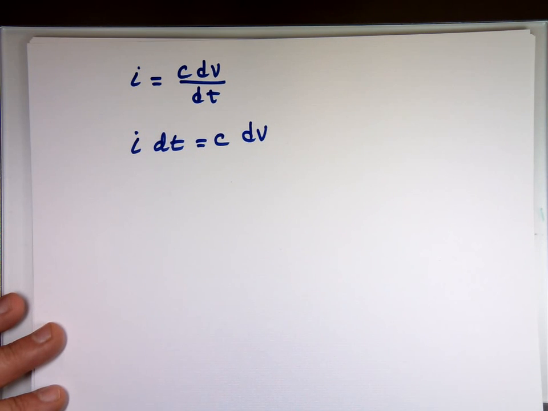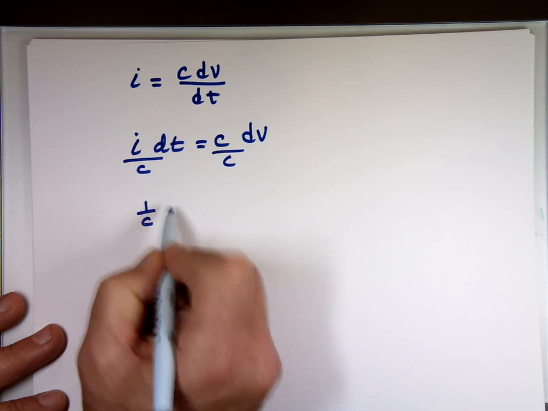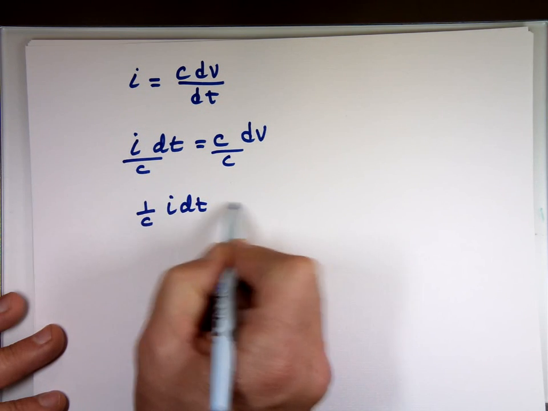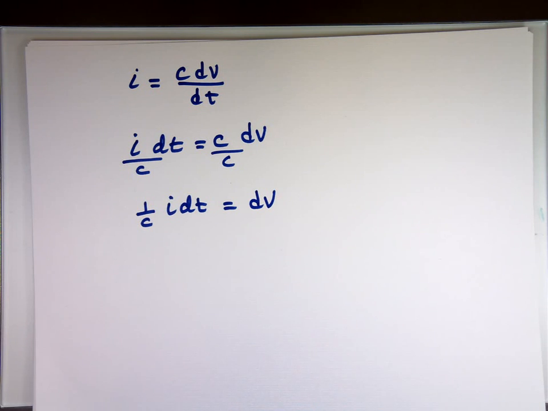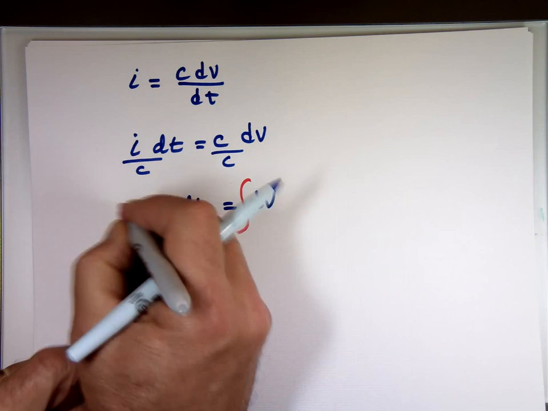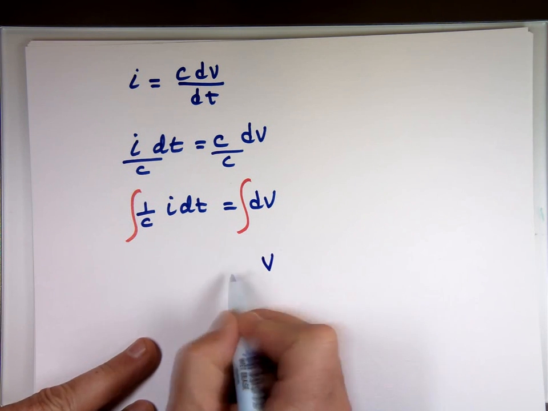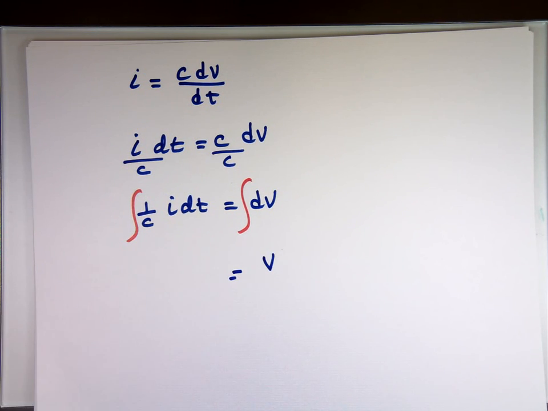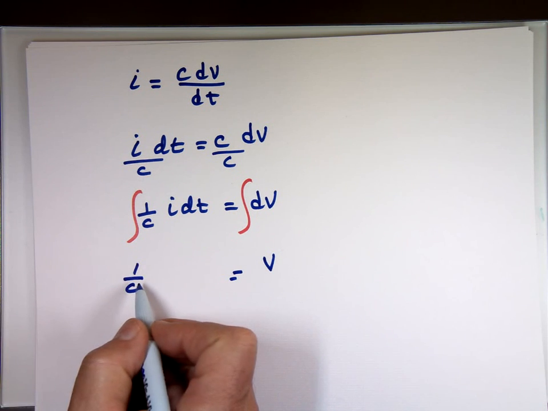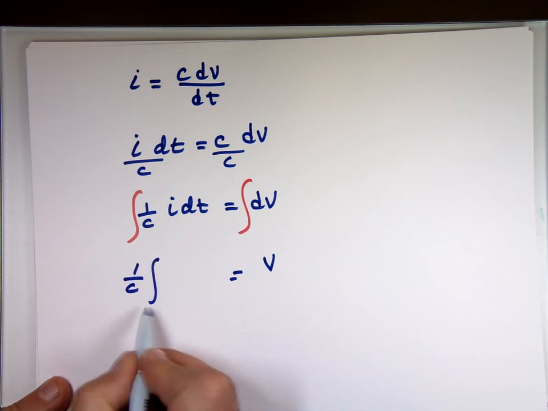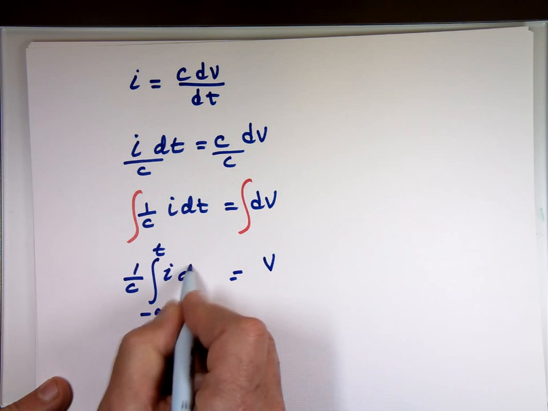Divide both sides by C. 1 over C I dt equals what? dV. And if I'm looking to solve for V, I'm going to integrate both sides, because the integral of dV is V. So this will be 1 over C times the integral, usually from minus infinity to t, mathematically.